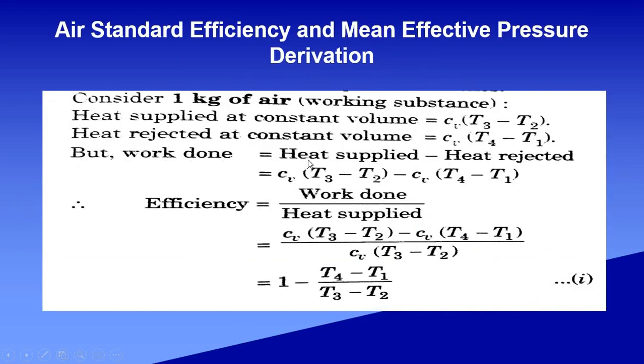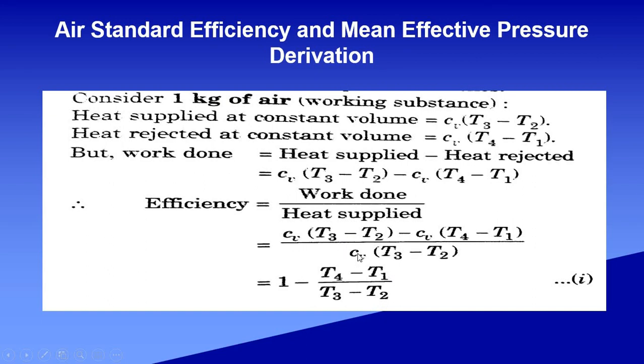Okay, so we know the work done formula, QS minus QR. So this is Cv into T3 minus T2 minus Cv into T4 minus T1. If you want to find the efficiency, it is the work done by heat supplied. Work done is the difference between QS and QR, divided by the amount of heat energy supplied, Cv into T3 minus T2.